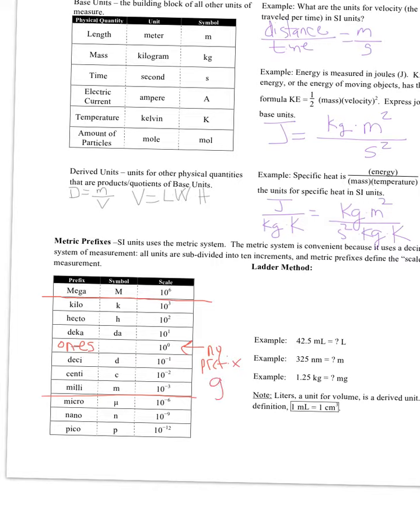This could be grams, it could be meters, or liters for volume. So there's mass, length, volume. That's most of the ones that we use. So this is just the unit, no prefix. Okay, and if there's a prefix, it's going to relate that to how many tens.